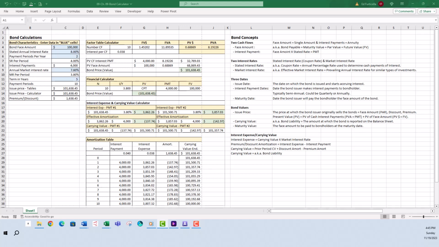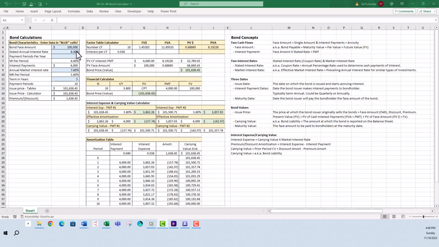So the first thing you need to be able to do is determine the issue price or bond value at the time of issuance. The bond price is $101,638.45. This is greater than the face amount of $100,000. When that occurs, we refer to the bond as a premium bond. Premium bonds will always take place when the stated rate of interest is more than the effective market rate of interest.